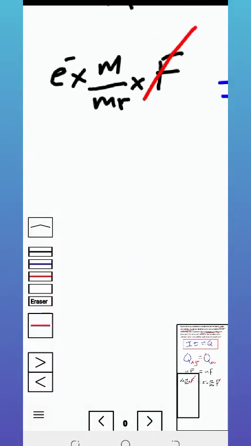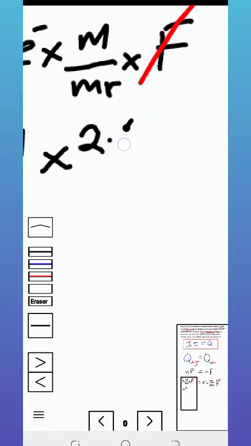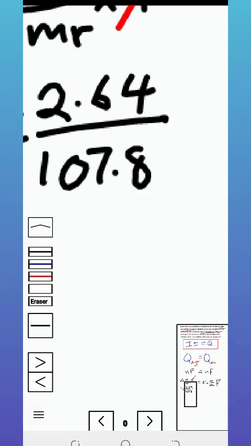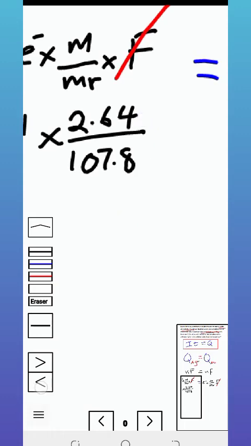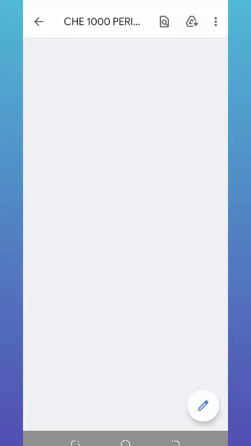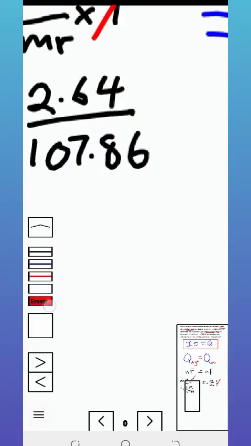We said the electron for Ag is 1, and the mass given for Ag is 2.64, divided by the molar mass 107.87.